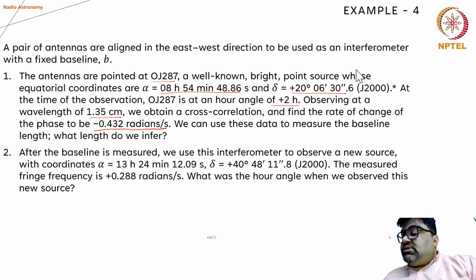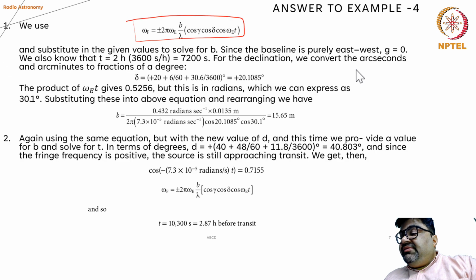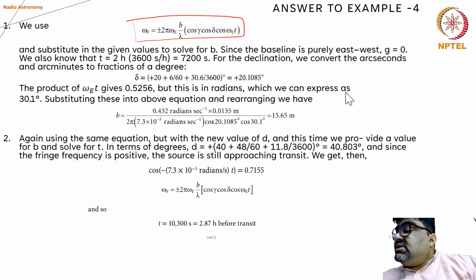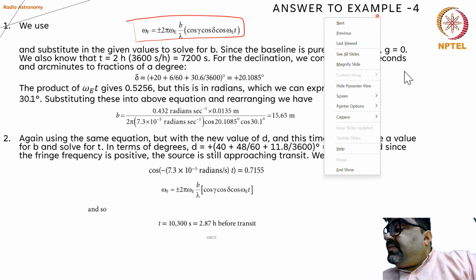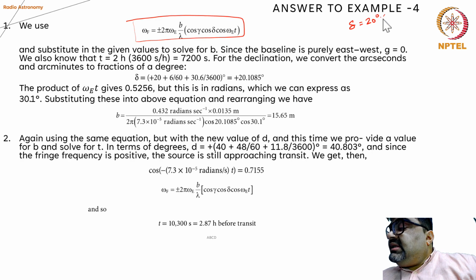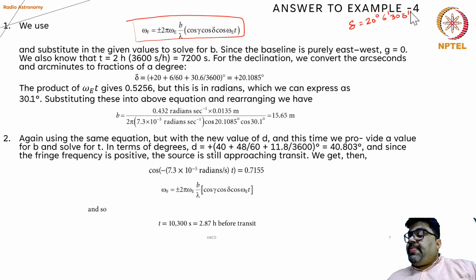So delta we know, which is equal to plus 20 degrees, 6 minutes, 30.6 arc seconds. That is given.